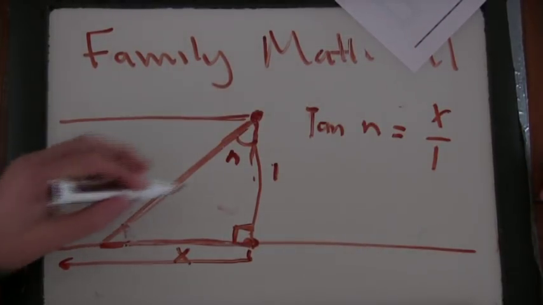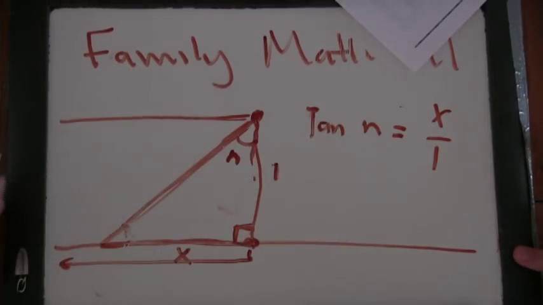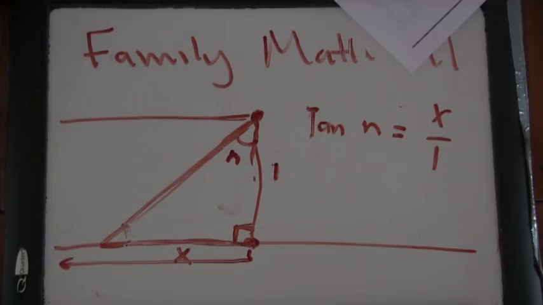So x is tangent N. If we know trig, and you haven't studied trig yet, that's okay. There's a trig function called tangent, and the tangent of the angle is the distance we're trying to find.